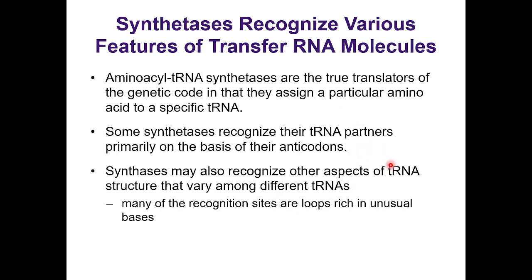So once it's tagged, it's going in as the amino acid. Okay? And that anticodon-codon matching, that's already been done for the translation for the amino acid, right? Because that's still a base. Okay. So the synthetases might also recognize other aspects of tRNA structures that vary among different tRNAs.